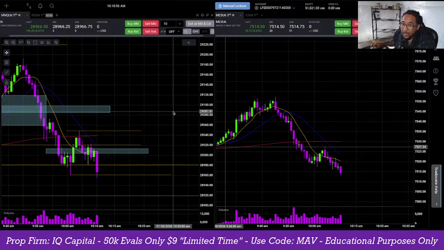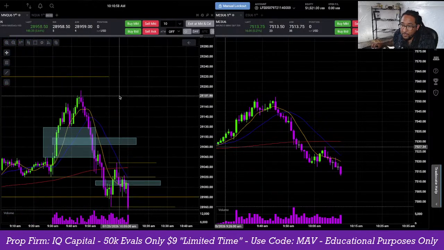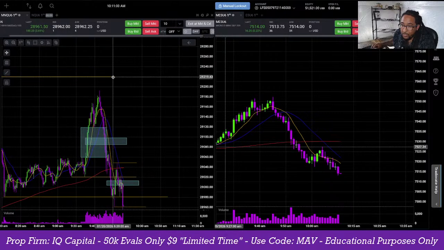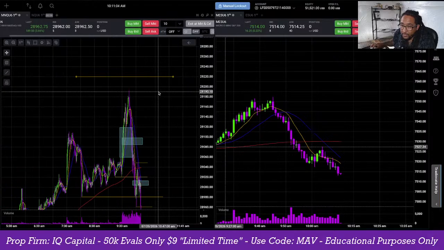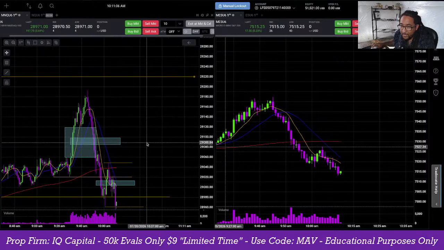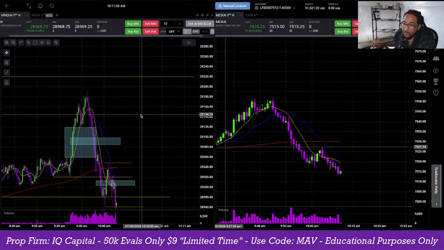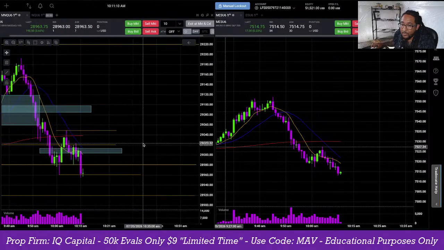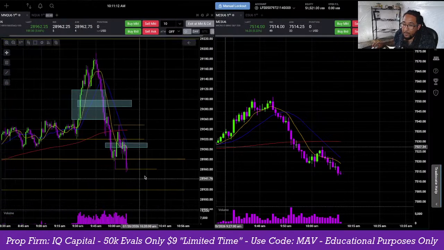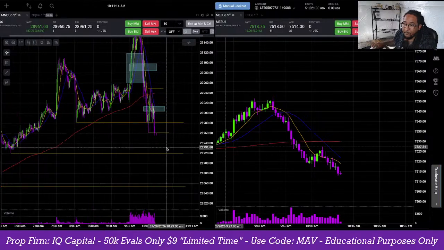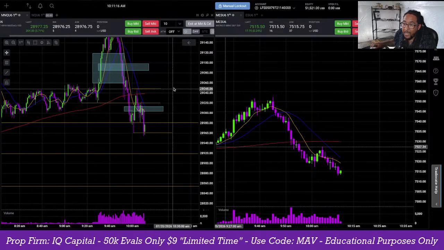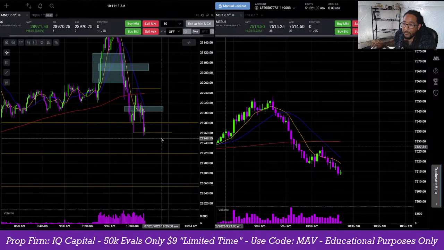And I do believe that ultimately we're headed up to our daily draw on liquidity, which is here. This is a nice pullback, aiming for this area. This is the kind of pullback you want to see. Will it happen on the AM session? I don't know.